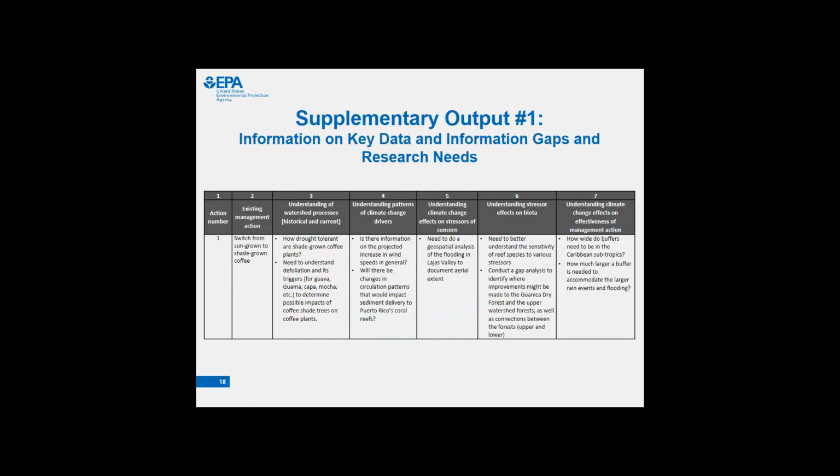So it's one of the things I'm kind of debating, and maybe it might be useful for us to provide an example where we've just refined down to a key set of research questions, for instance, that are needed for the Guanica Bay watershed, that are common questions that apply to many actions.